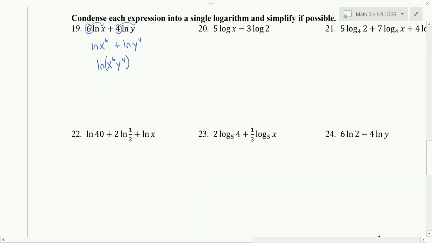Number 22, use the power property. And then the product property.